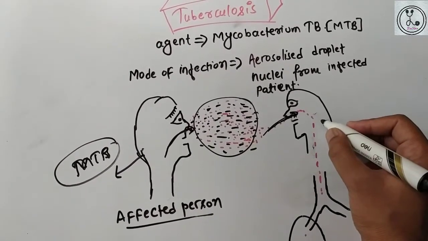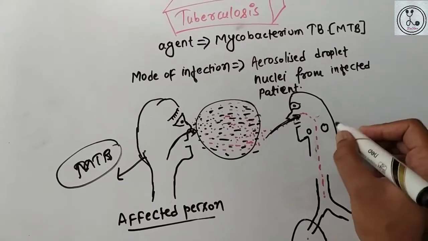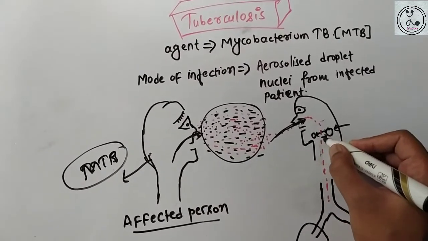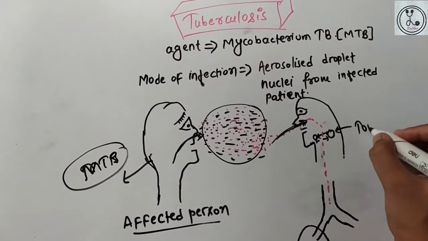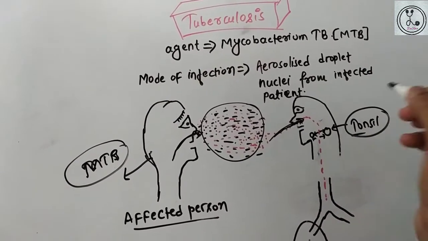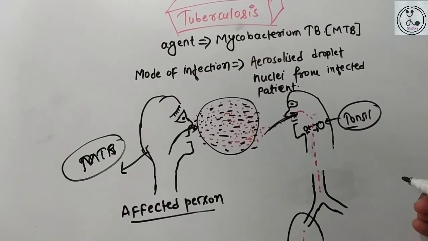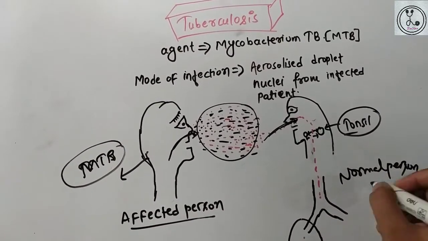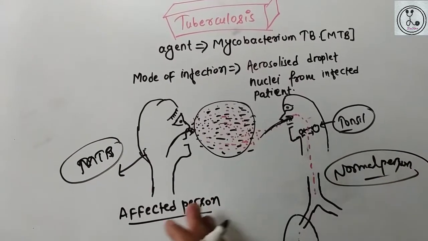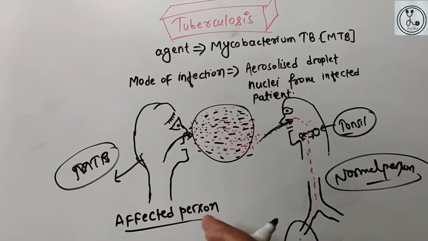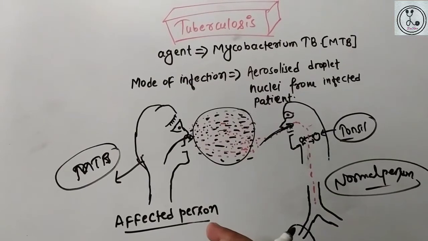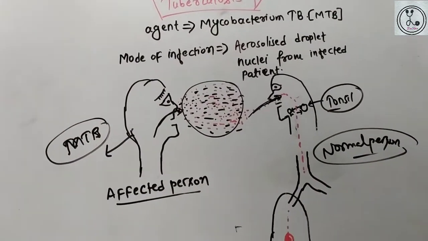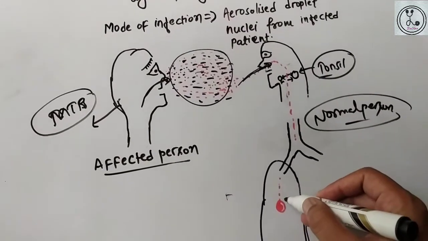Either it will land in the tonsils of this person, so either the bacteria or the aerosolized droplet will land in the tonsil. Let's suppose this is a normal person who is now exposed by the affected person. The bacteria can lodge in the tonsil, and another point, the bacteria can lodge in the lungs.